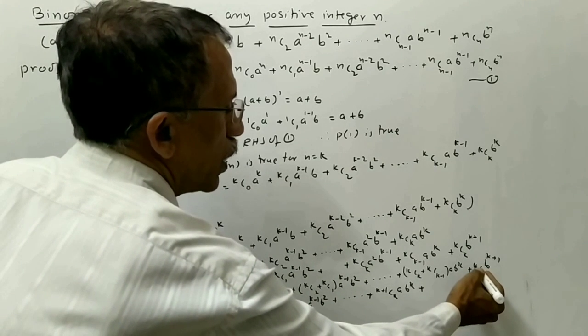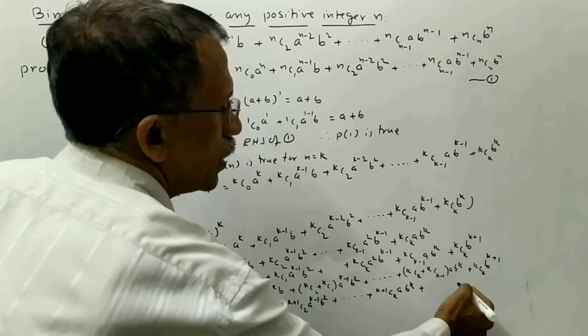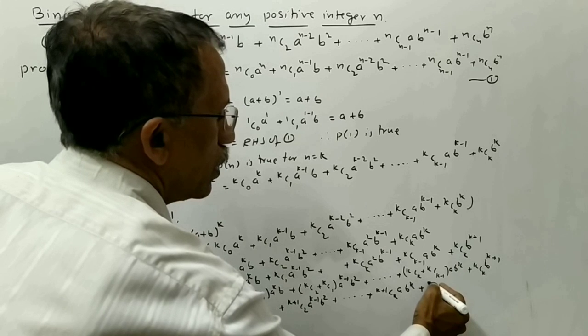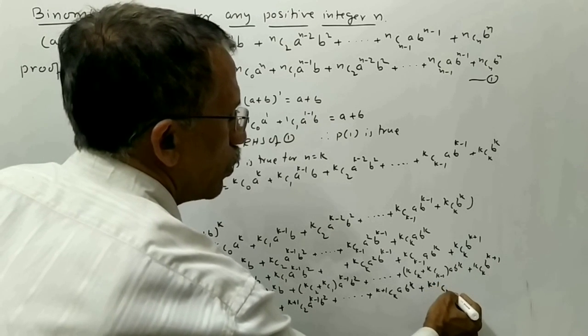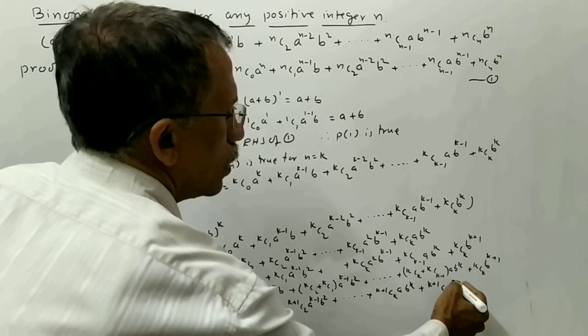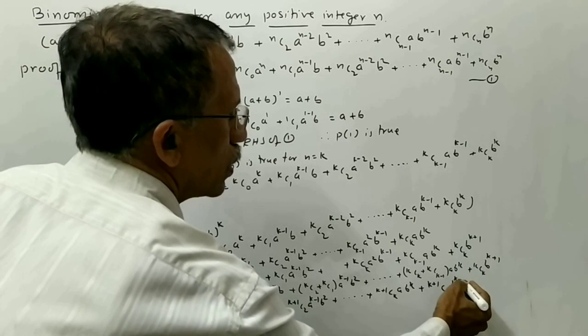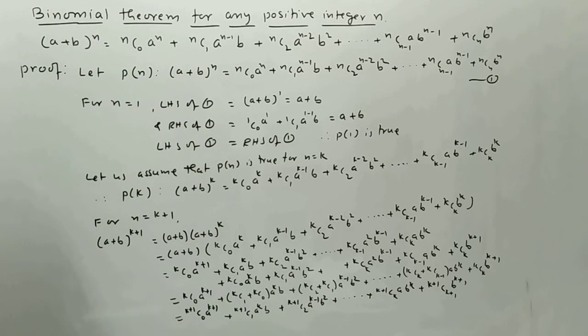Therefore, we can replace kCk by k plus 1 C(k plus 1) into b raised to the power k plus 1, we can write as it is. So now we have got the result in terms of k plus 1.